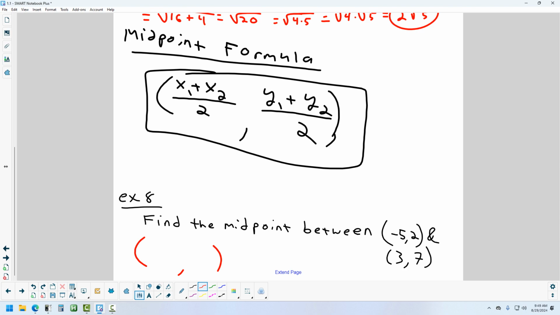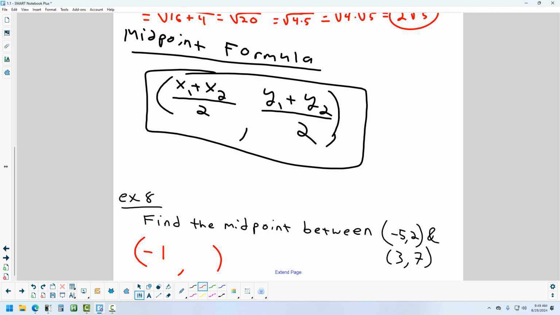What's the average of the x values of those 2 coordinates? -5 plus 3 is 2 divided by 2 is 1. Did you say that one more time? What's -5 plus 3? -2 divided by 2 is -1. Yeah. So your x's average out to -1.